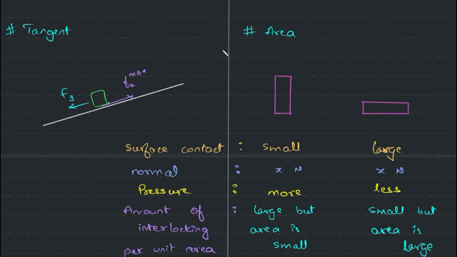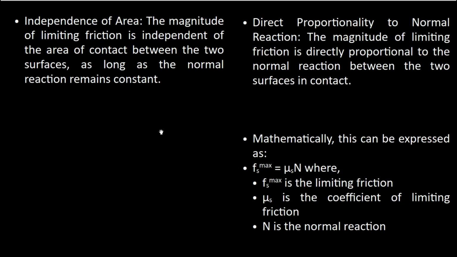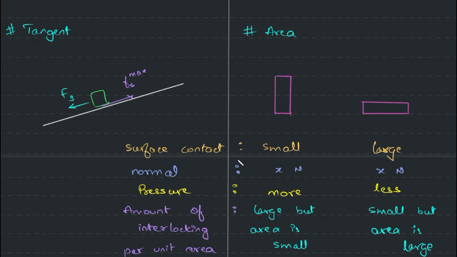So as a result, the area will not come into play when it comes to friction. Given the same object, however you keep it, the amount of pressure will vary and the interlocking will change in both cases, but overall the effect will be the same.